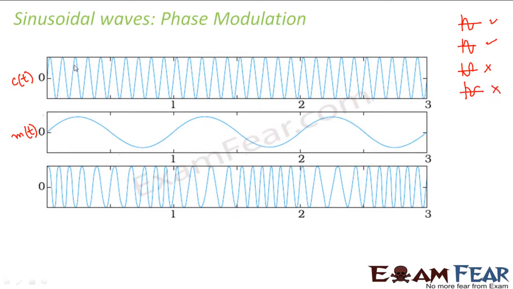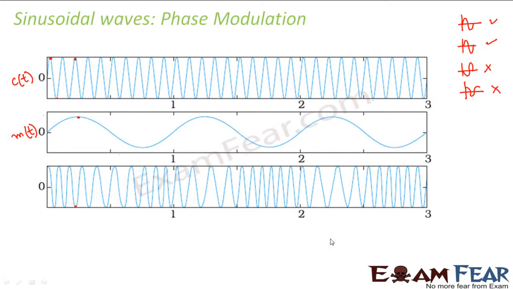Right? So the same thing happens here. Here if you see, here you have a high, here you have a low. But when you see this point, here you have a high, but here you will have a low. So basically this wave and this wave, even though they are the same in their amplitude, their phase has changed. Right?